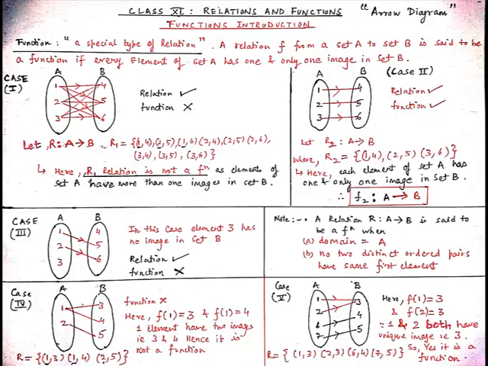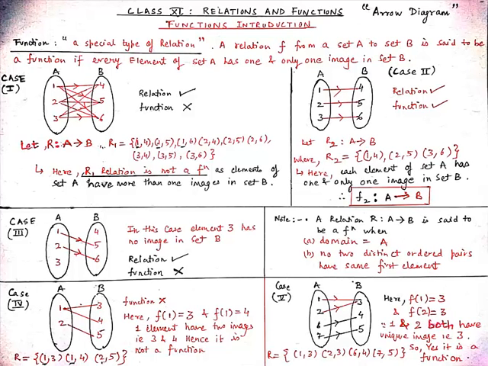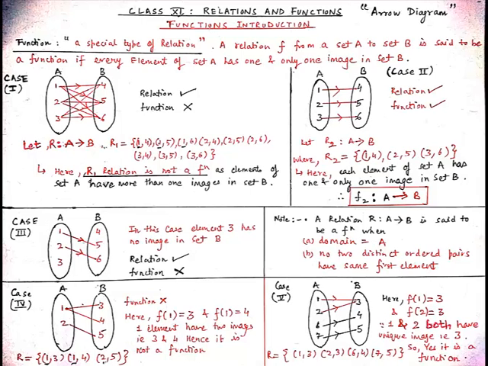See, student, in case 4 the relation R is {(1,3), (1,4), (2,5)}, and in case 5 the relation R is {(1,3), (2,3), (6,4), (7,5)}. In case 4, the ordered pairs (1,3) and (1,4) both have the same first element, that is 1, and for a function they should be different. Like in case 5, where all the ordered pairs have different first elements, that is 1, 2, 6 and 7.